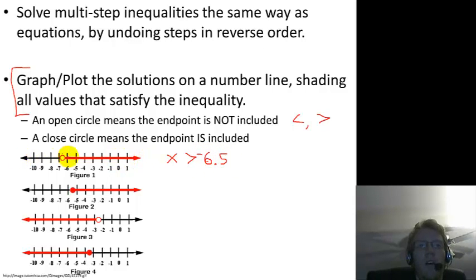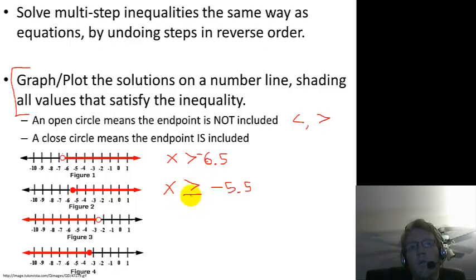This would be the graph that corresponds with x is greater than negative 6.5, not equal to, because this is an open circle. Right here, that's about negative 5.5. I can say x is greater than or equal to negative 5.5. A solid circle means I'm including that point as part of my solution.